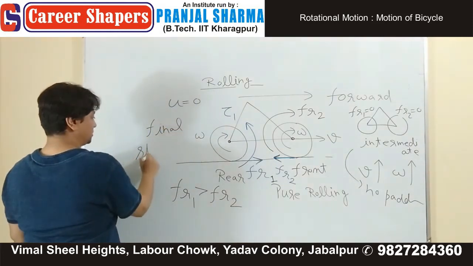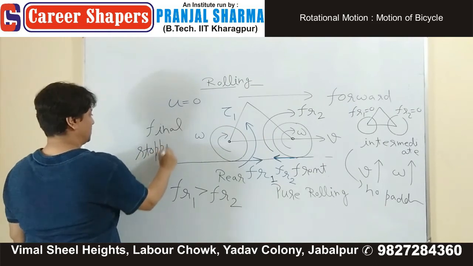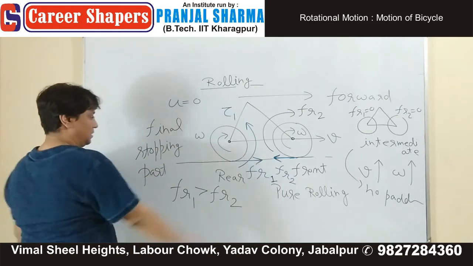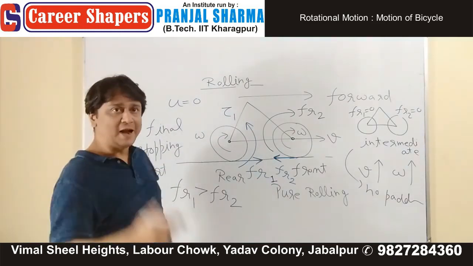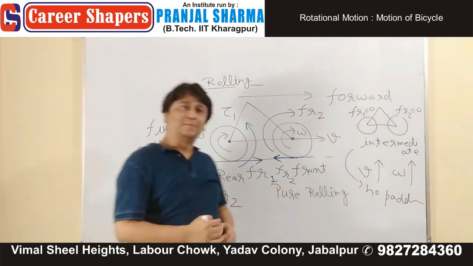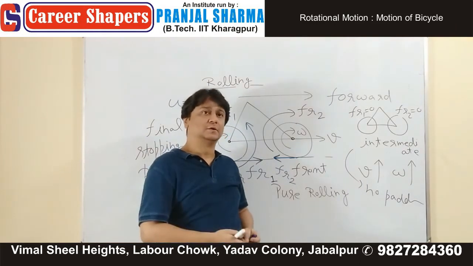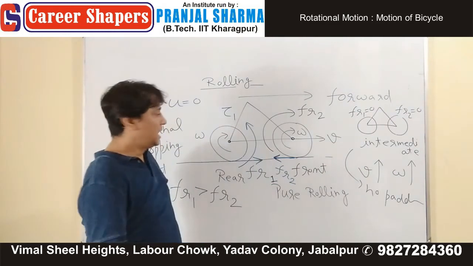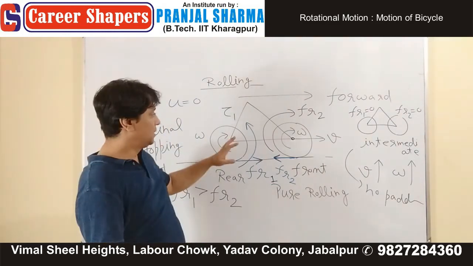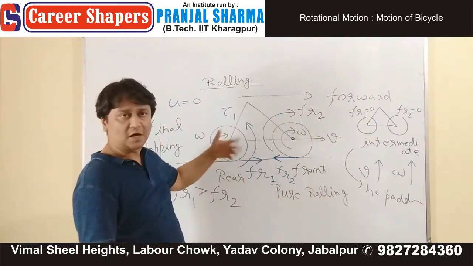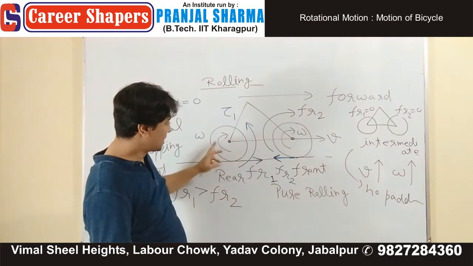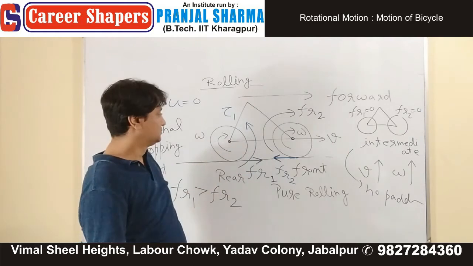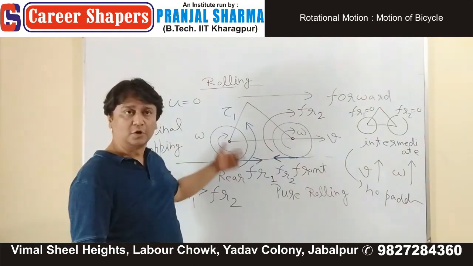Final situation, which is the final stopping part. We have stopped pedaling and we are applying brakes. That's how you stop it. And let's say that brakes are only present for the rear wheel.